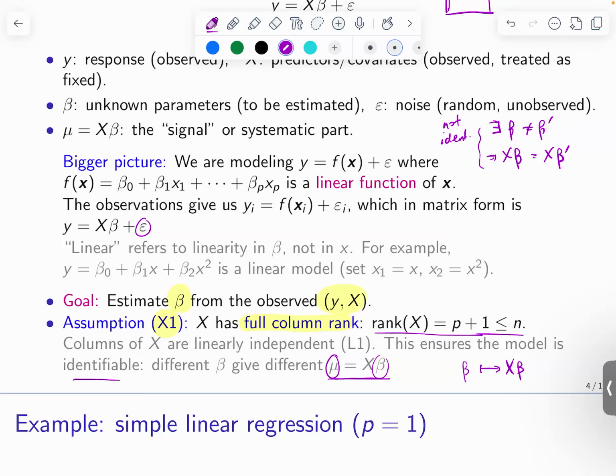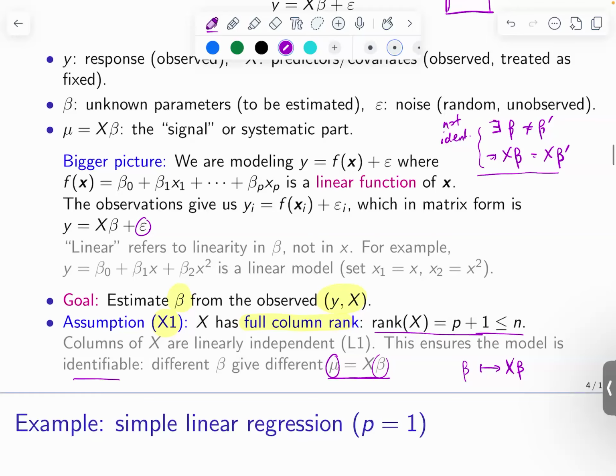You can prove, for example, because I did it in the morning lecture, let me do the proof: why full rank implies identifiability. Suppose that we have beta not equal to beta prime such that x beta is equal to x beta prime. Then I can rearrange, I get x times beta minus beta prime is equal to 0. Let's call this some c. So x times c is equal to 0.